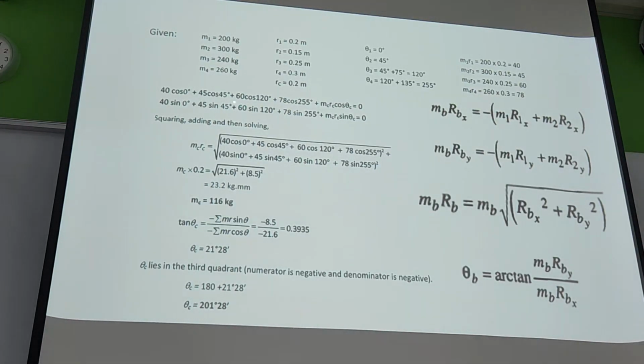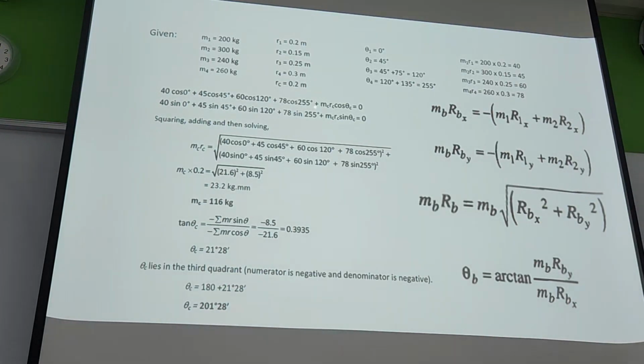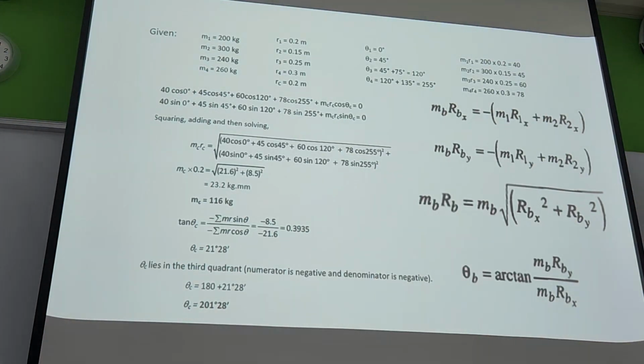The x component for the next one will be M3R3 into cos 120. For this, M4R4 into cos 255. Then the balancing mass is MCRC cos theta C. We don't know MC, but we know RC, which is given as 0.2. Theta C we need to calculate. So MC and theta C are the two unknowns.